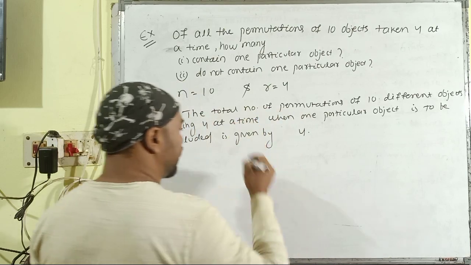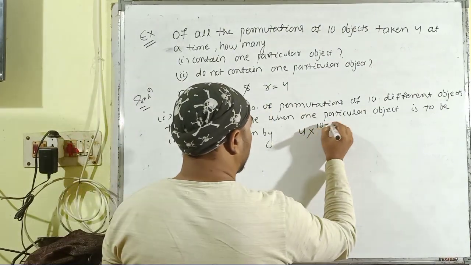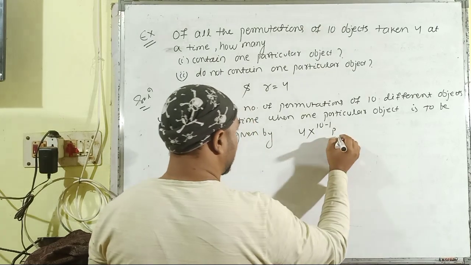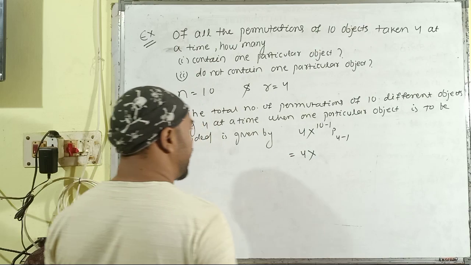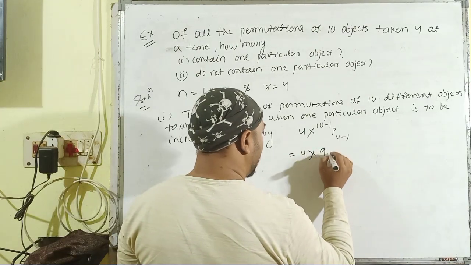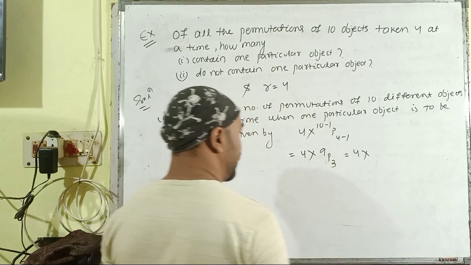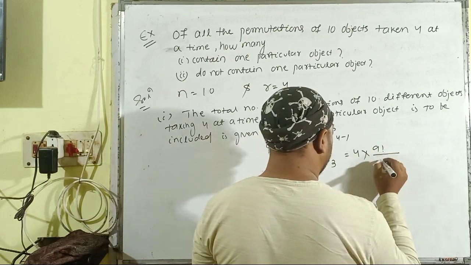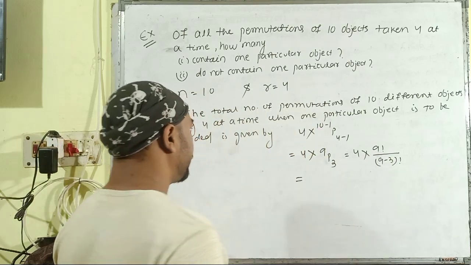according to the formula, 4 multiplied with 10 minus 1 P 4 minus 1, that implies 4 multiplied with 9P3, and this is defined as 9 factorial divided by factorial of 9 minus 3.